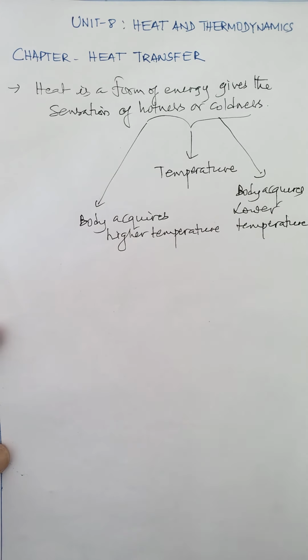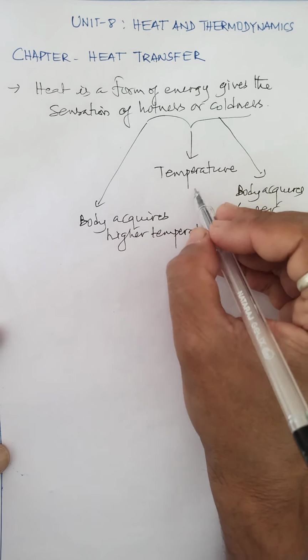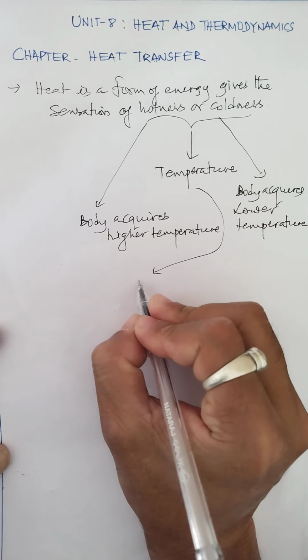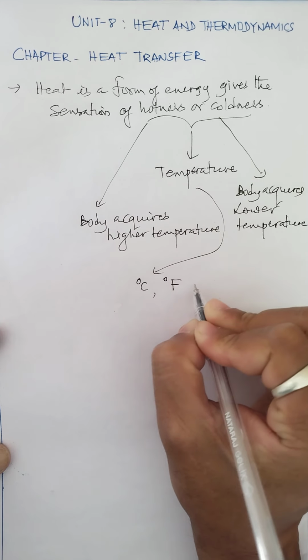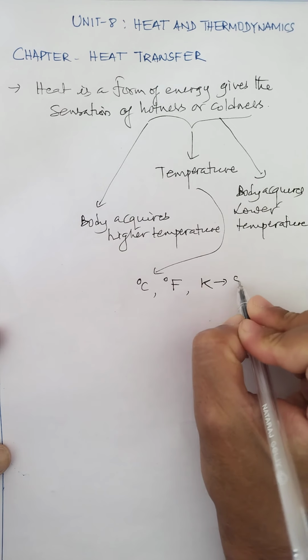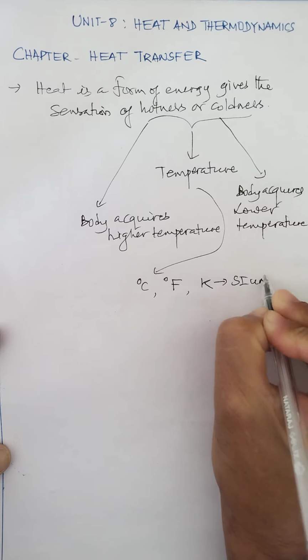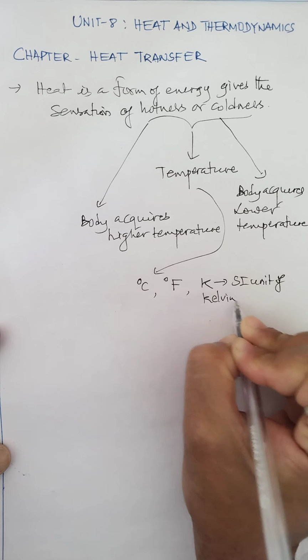The degree of hotness or coldness is measured by a factor called temperature. Temperature is measured in degree Celsius, in degree Fahrenheit, and in the unit called Kelvin. Kelvin is the SI unit of temperature, and you have already learned this in class 7 and 8 also.